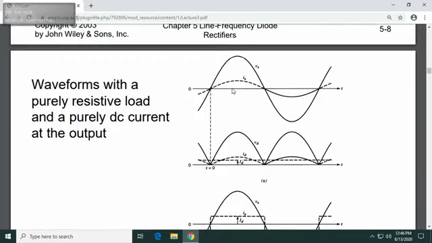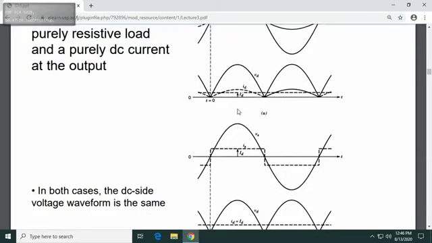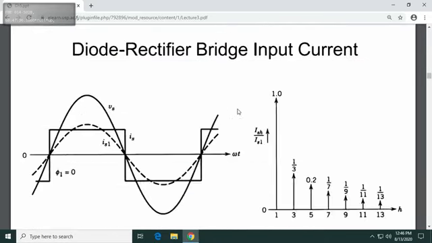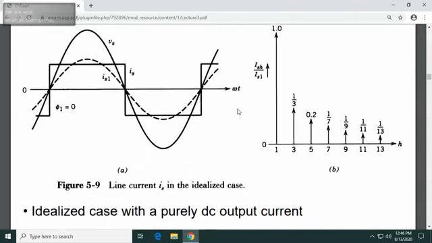The load that we have just seen, we are going to consider as a resistive load, because the current peak is exactly the same as the source peak. That's all for today.